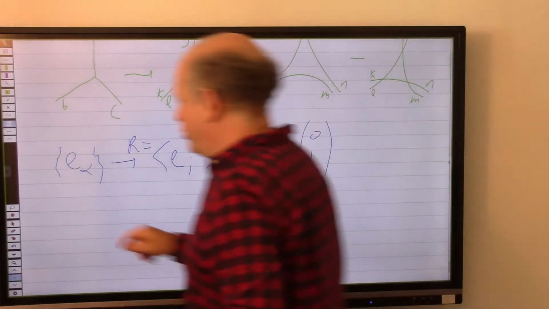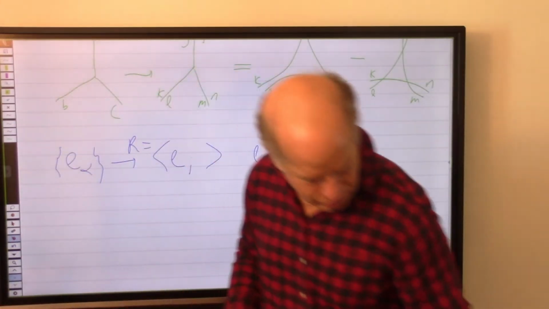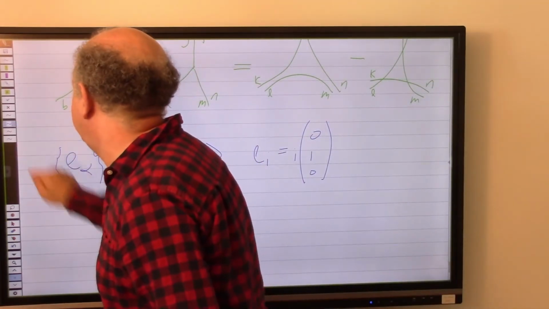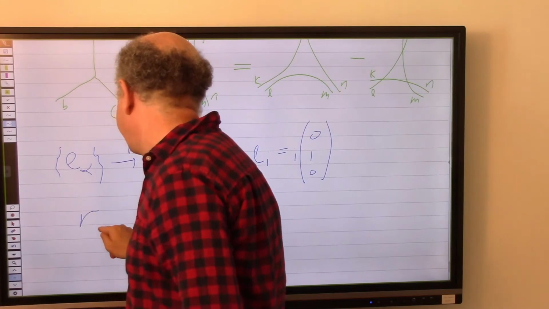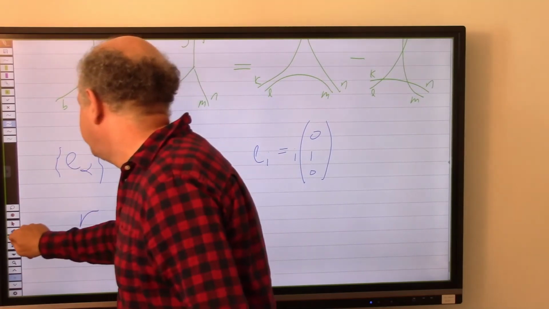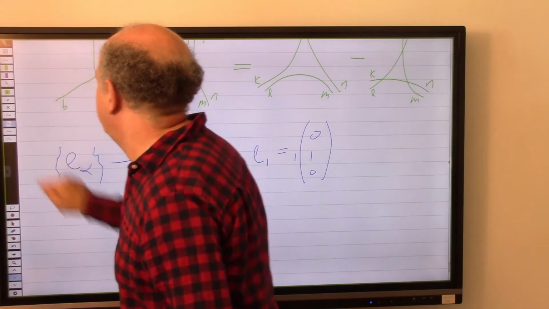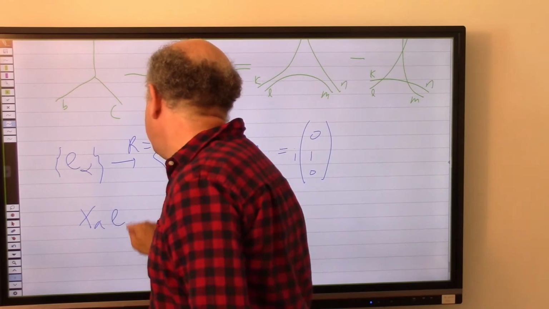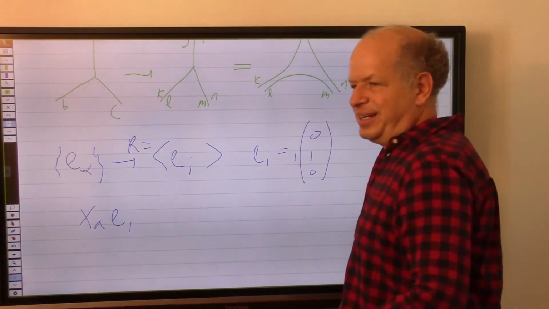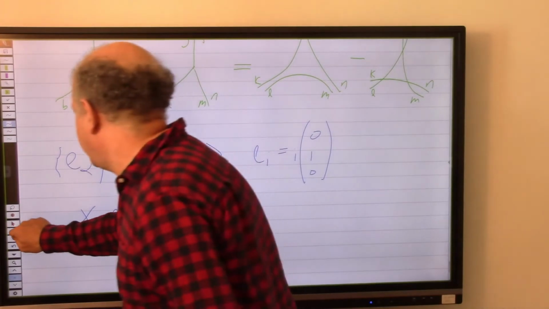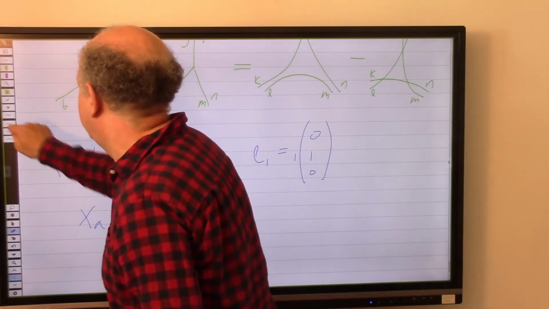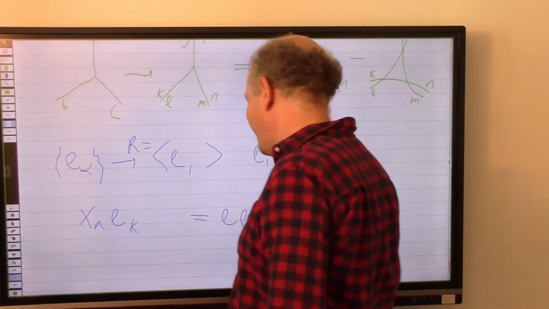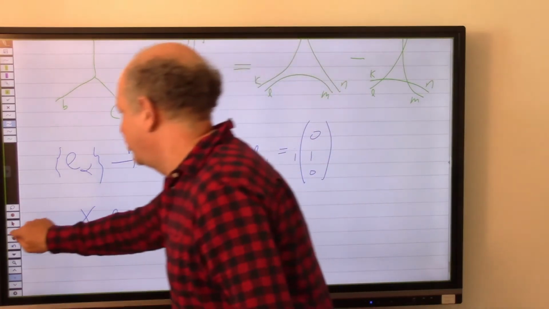Okay? So now I need to compute the representation tensor. Let me say it differently. I need to compute XA acting on EK, and write it as a sum of ELs with coefficients, right?